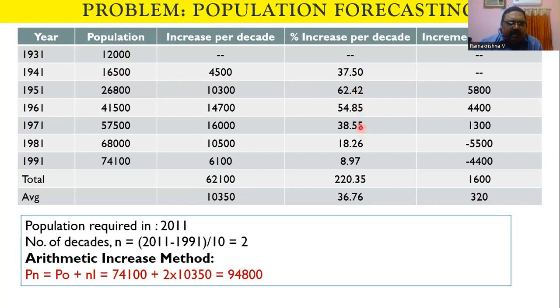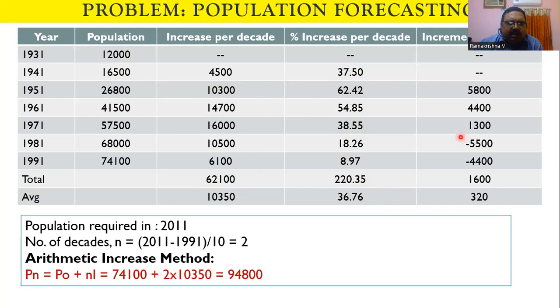Like this, we are calculating the percentage increase per decade. The total percentage increase is around 220.35. Then the average increase, how many entries? 1, 2, 3, 4, 5, 6. So this will give you 36.76. This is the arithmetic average of percentage increase per decade.